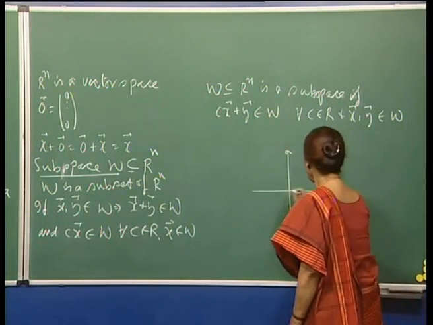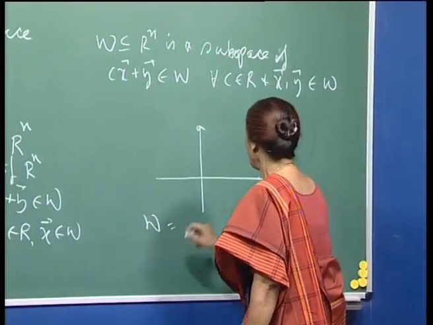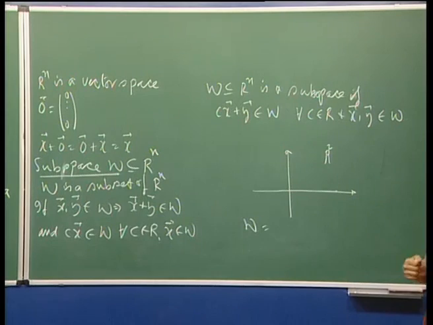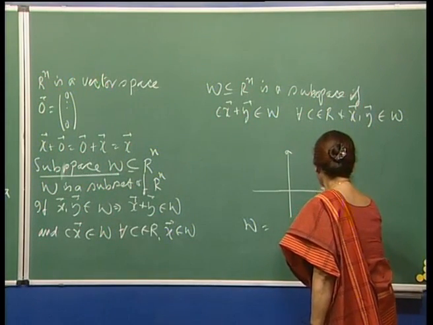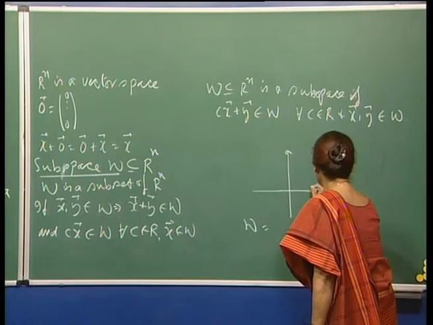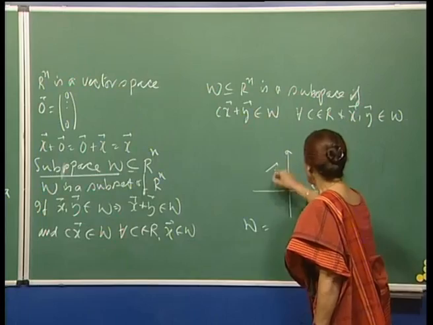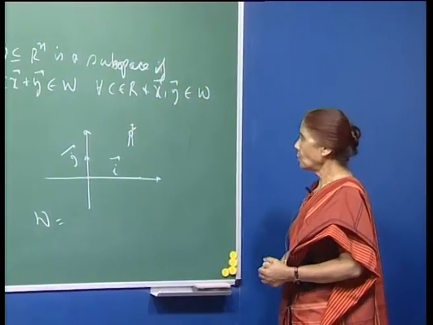Then if I simply say that my W, and here I now want to introduce the concept of linear combination. So, W, for example, can be written as, if I write this vector here, we are used to writing this as i and this as j. You have all come across vector algebra, you have done it in your school and so on.